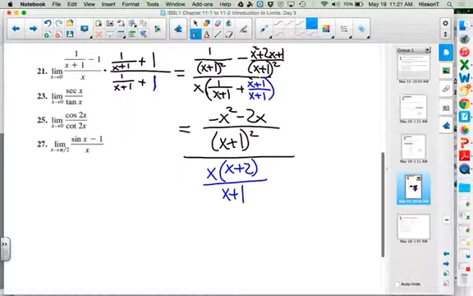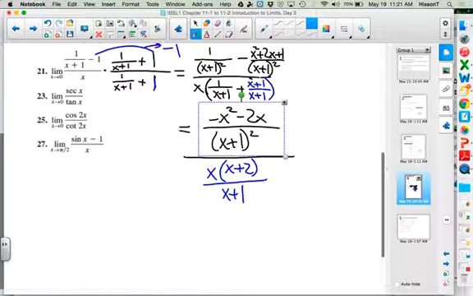Can you explain how you got to the previous step? How did you get the numerator in this step? When you FOIL, you get a minus 1, right? Yes.